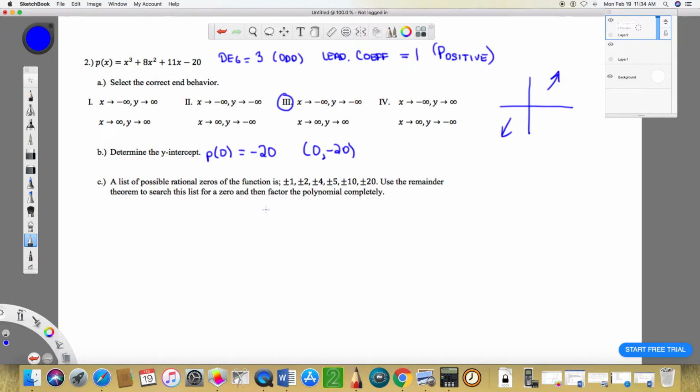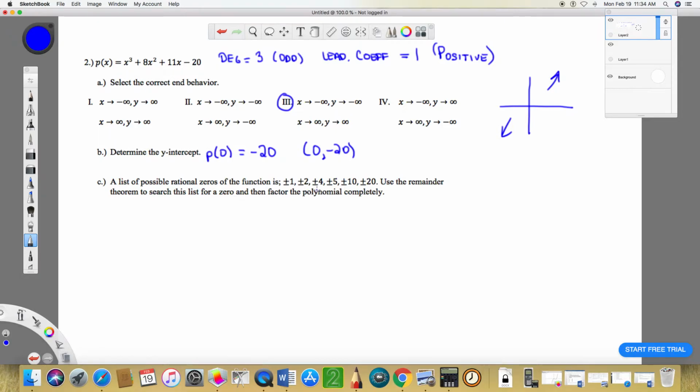There is a theorem that will help us generate and find possible rational zeros. It won't help us with irrational numbers, but it'll help us with rational numbers. And it uses the factors of 20, the constant term, and the factors of the leading coefficient to generate this list.